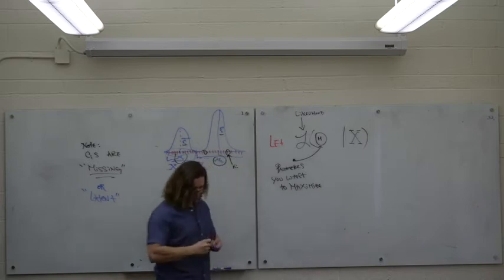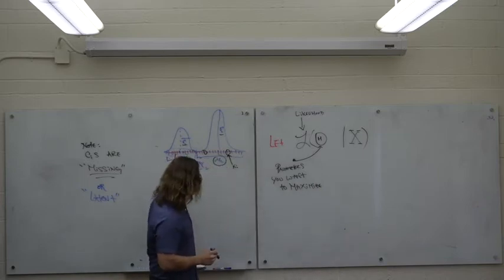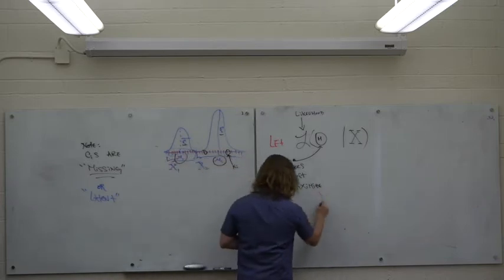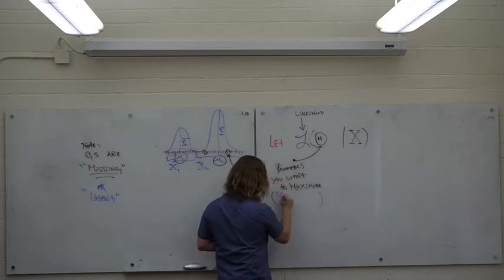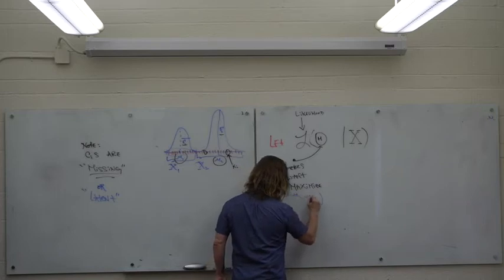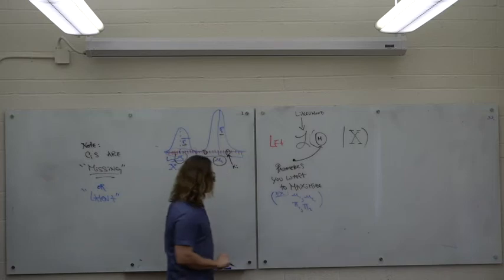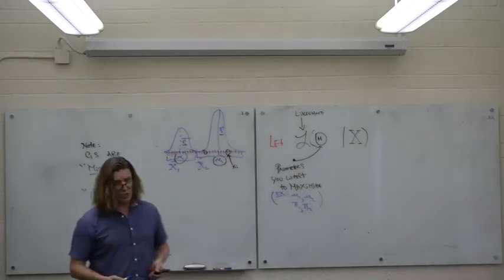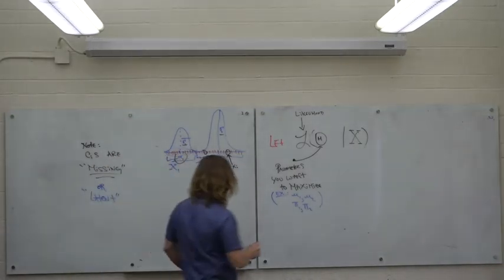So an example of those, back to this problem right here, is going to be mu1, mu2, pi1, and pi2. If we didn't know the sigmas, you'd need to include those as well.